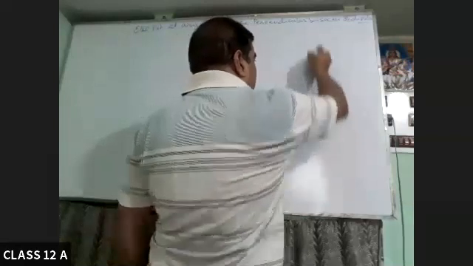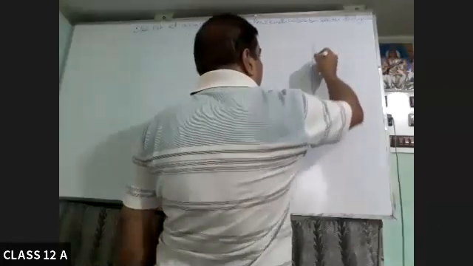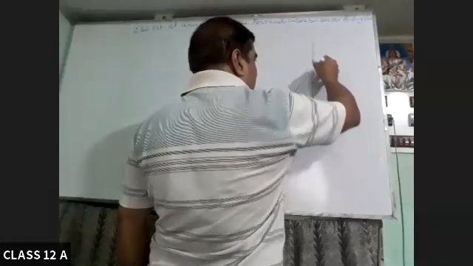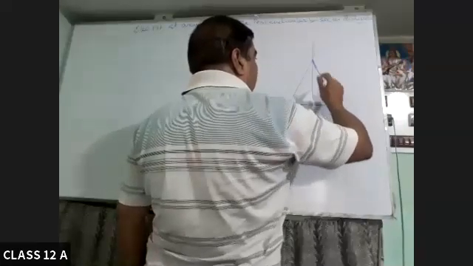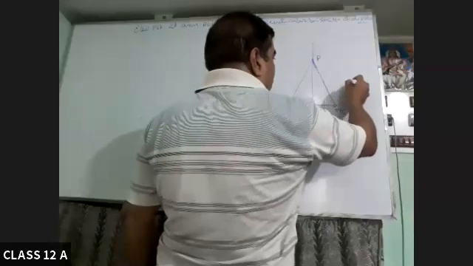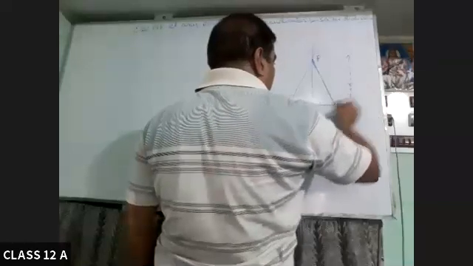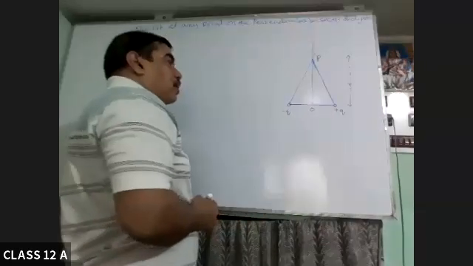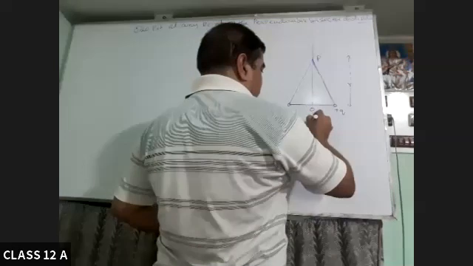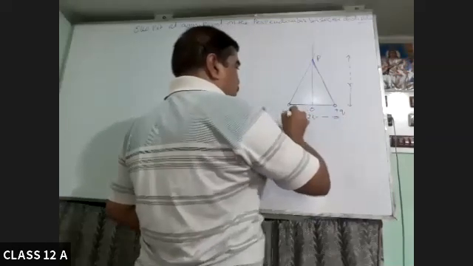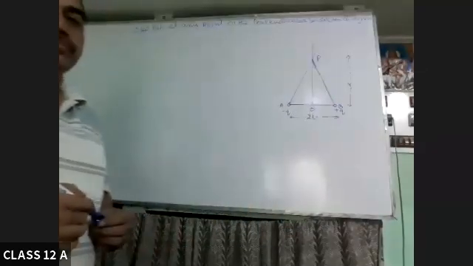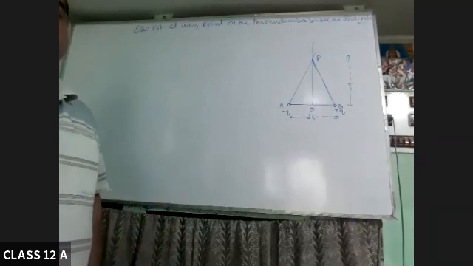We are considering any point P on this perpendicular bisector. This is the point from the center of the dipole. Now you find yourself what will be the electric potential at P.